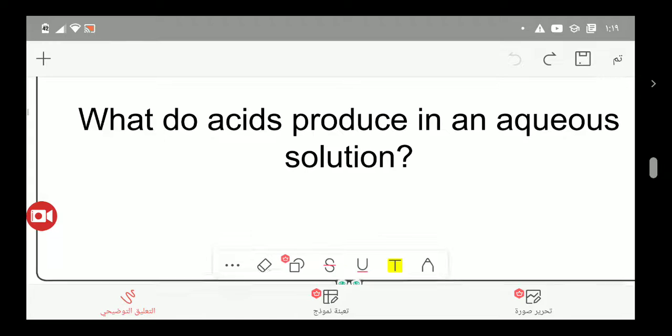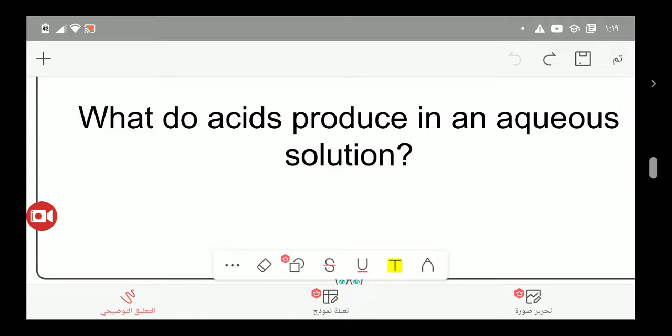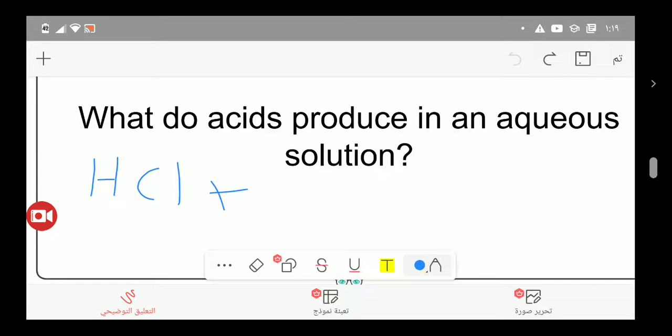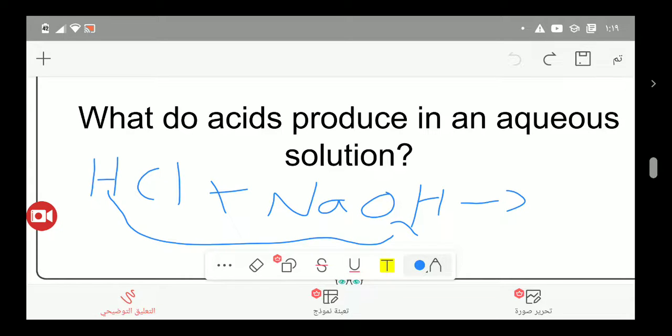So when acids react with aqueous solutions, HCl for example, reacting with an aqueous solution such as NaOH, hydrogen ions will be produced.